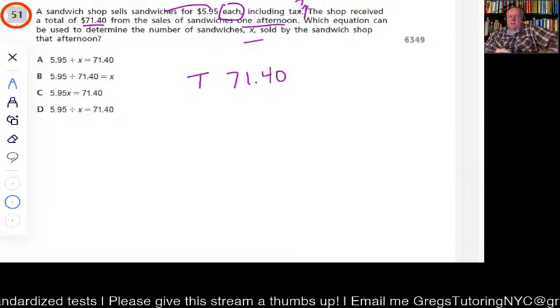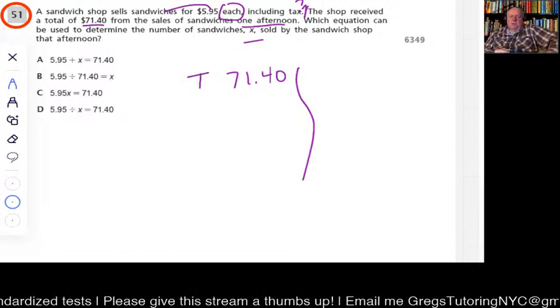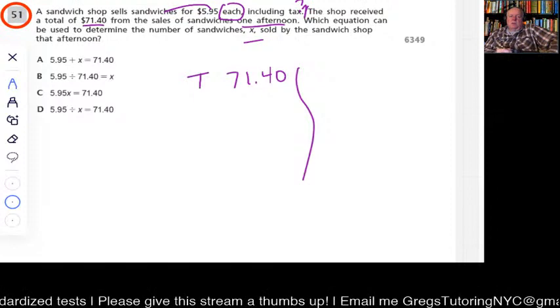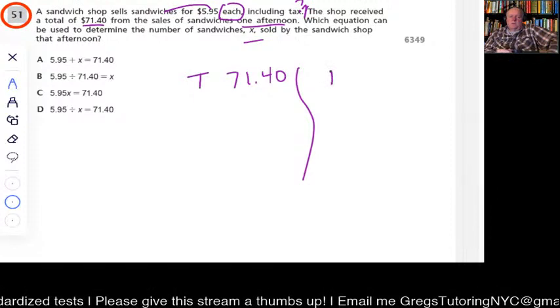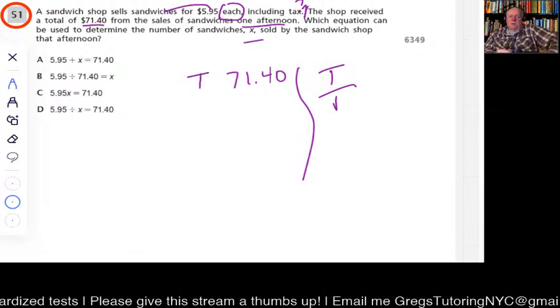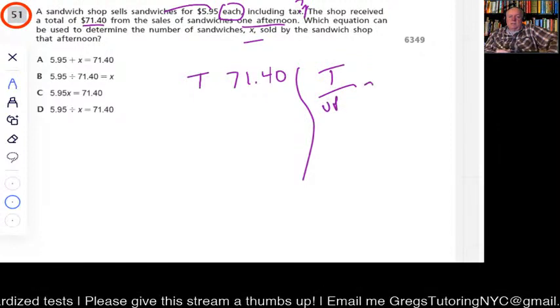So let's take our normal scenic route and go on a sidebar. If you're trying to figure out the number of something sold, wouldn't it be the total over the price per unit, which we call the unit price? Doesn't that give you the number sold?